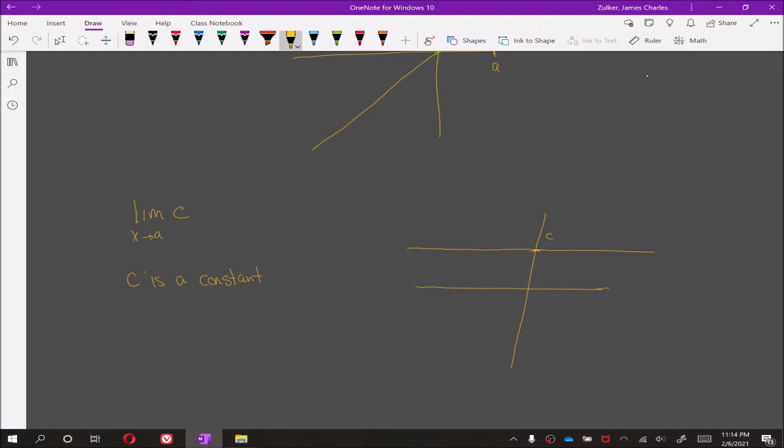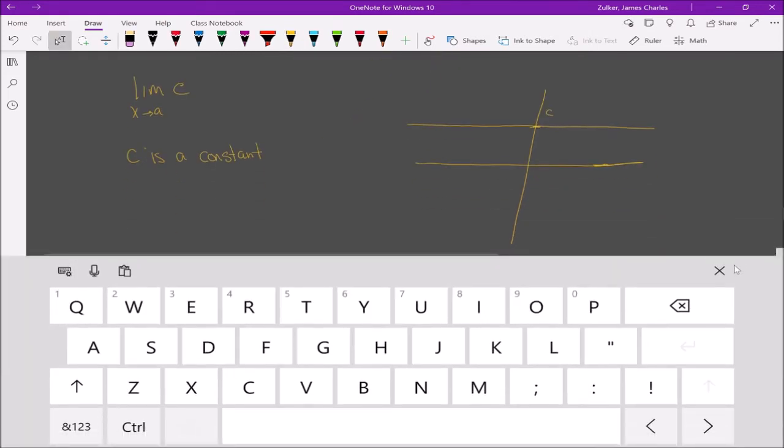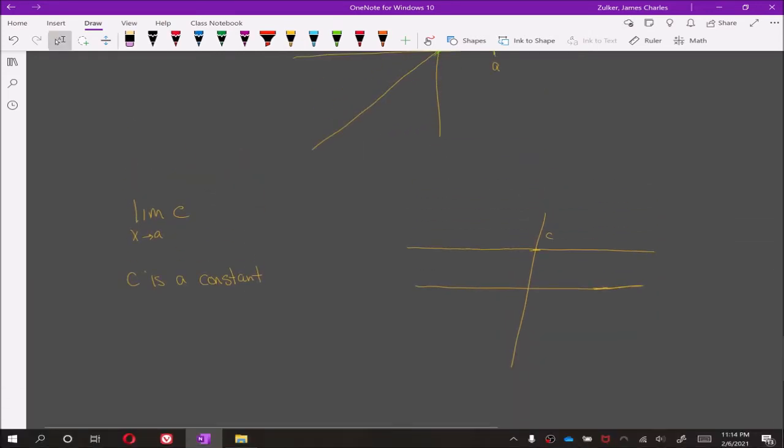Now, it doesn't matter where A is. No matter where we are along here, f of x is always going to be approaching C. So again, it's easy to see that that limit is C.